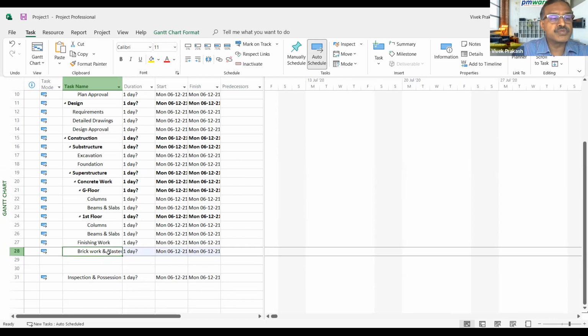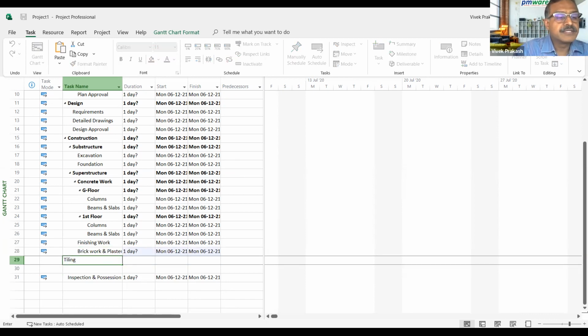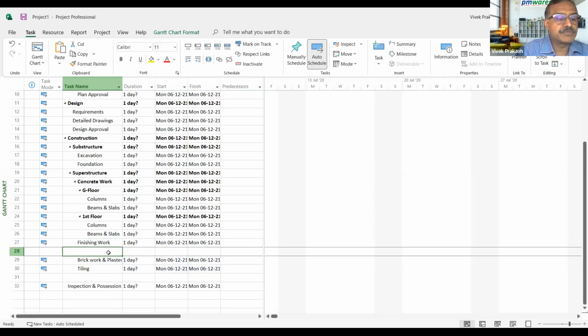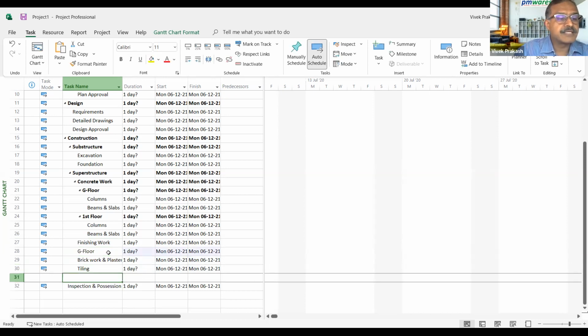Then tiling work. Here also it will be G floor and first floor, the same. So let me put it, the G floor and then first floor. Painting.